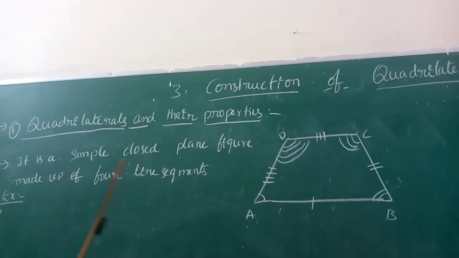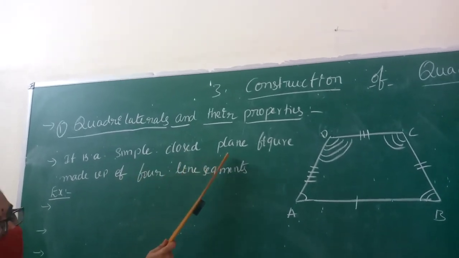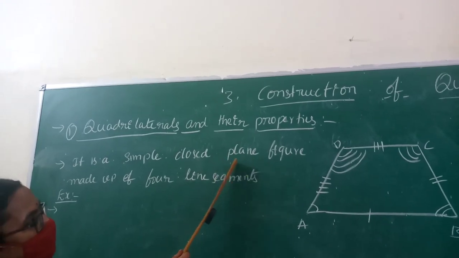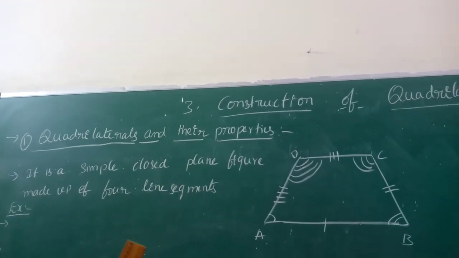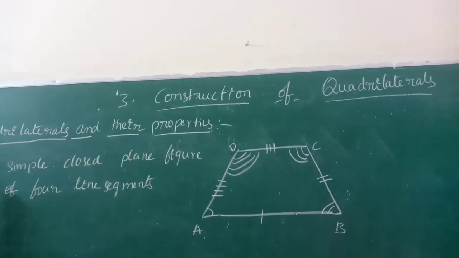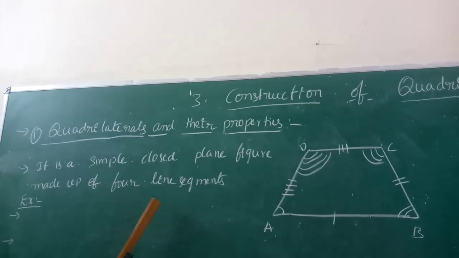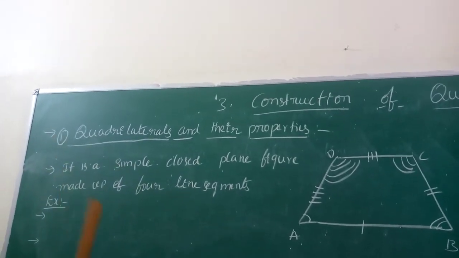Children, so this is a quadrilateral. It is a simple closed plane figure. Why do we write this word plane? We can draw on the plane or a paper. So it is a simple closed plane figure made up of 4 line segments.